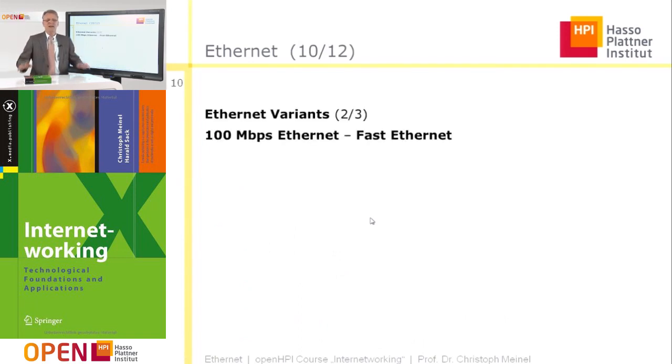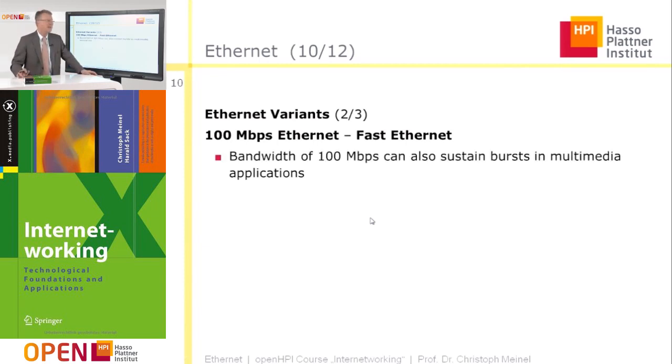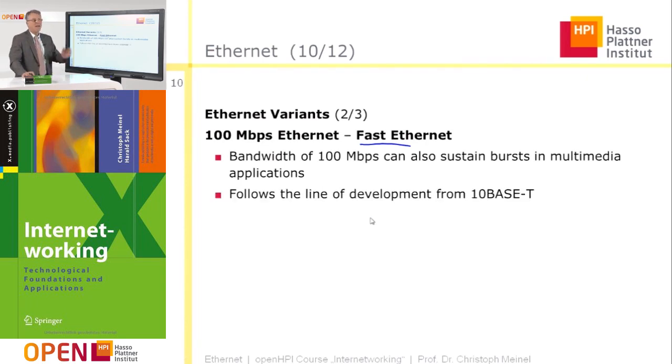Then there was a need for more speed in communication and more bandwidth. Then we have the 100 megabits per second Ethernet. This is also often called fast Ethernet. Like the name already says, the bandwidth is 100 megabits per second, and this is also able to sustain bursts in multimedia applications, if there is a burst because different people access the same video or others.